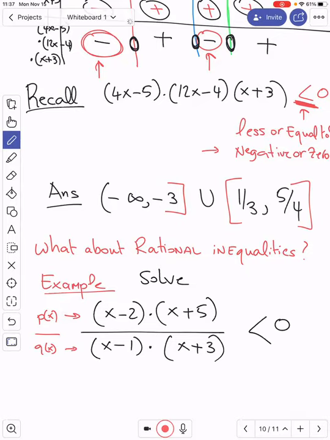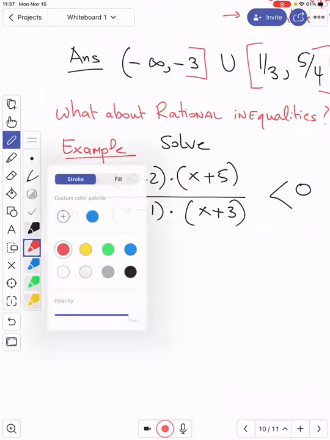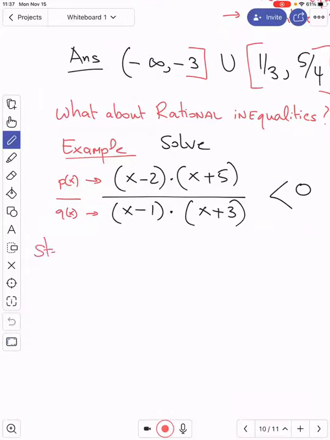Now I want to solve this, and it's just the same steps. Step one: we need to solve both the top and the bottom equal to 0.